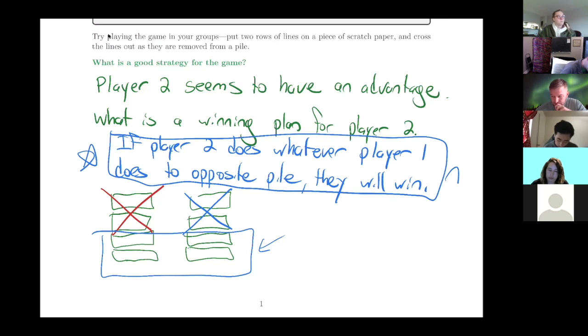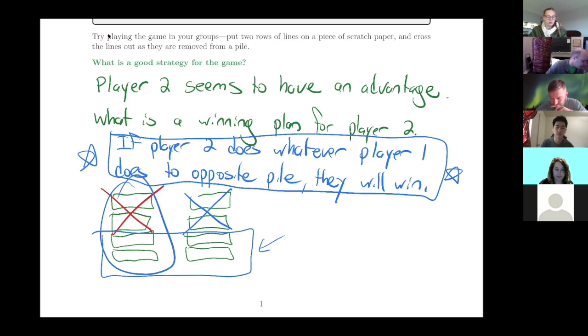But if player 1 just takes one of the piles from either side, then they would win. So if player 1 goes first and they take all of these coins, then player 2 is going to take all of those coins. And they would win. So the winner is the person who takes the last coin from the game.